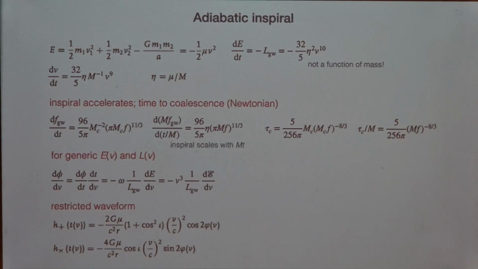So that means that if you compute the waveform for any equal mass binary, you can rescale it to the waveform for a different one just by changing the time axis. That makes sense, because the total mass of the binary is the only scale you have, and I guess the mass ratio. That's the only thing that sets a scale, and therefore it makes sense that everything should rescale.